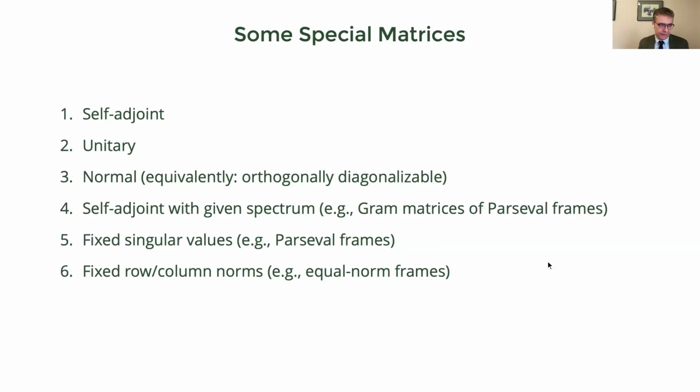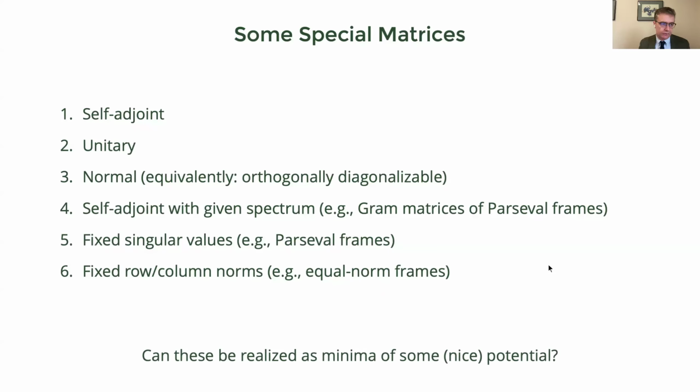And of course, many of us are interested in where you do both of those, equal norm Parseval frames. So fix both the singular values and the row and column norms. Or if you think in terms of Gram matrices, you fix the spectrum and the diagonal of the Gram matrix.